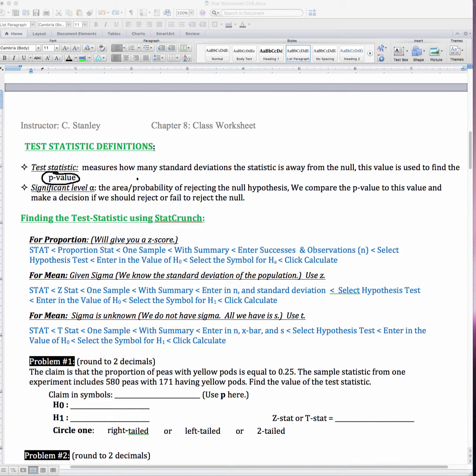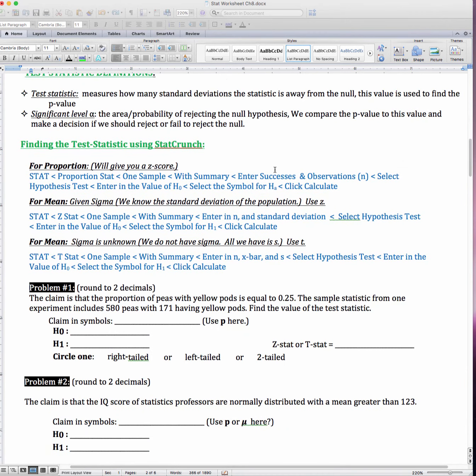Okay, so finding the test statistic. Here are the steps to find the test statistic right here. It's very similar to what we did before. Any proportion is always prop stat. I'll just underline it. Now for means, you have to pay attention. Hey, what's going on with the standard deviation?